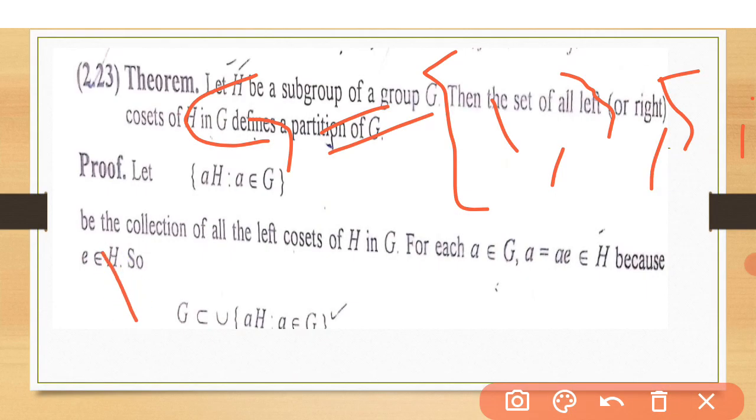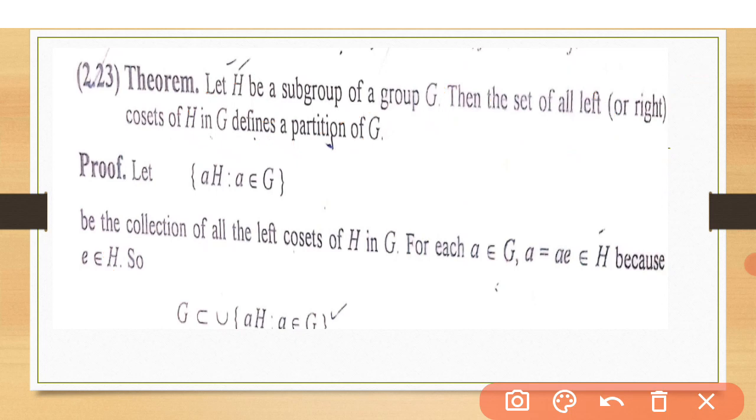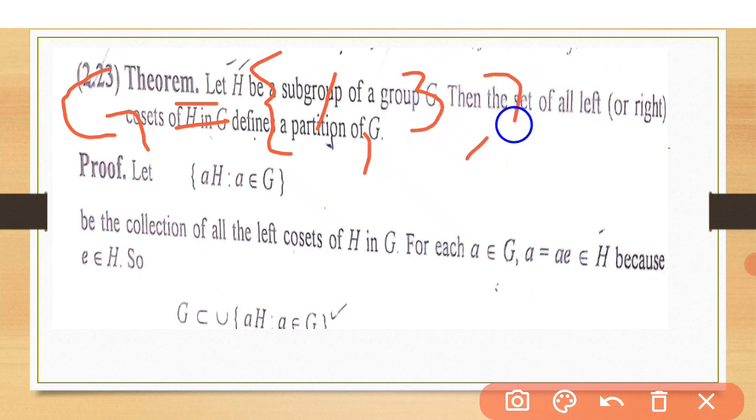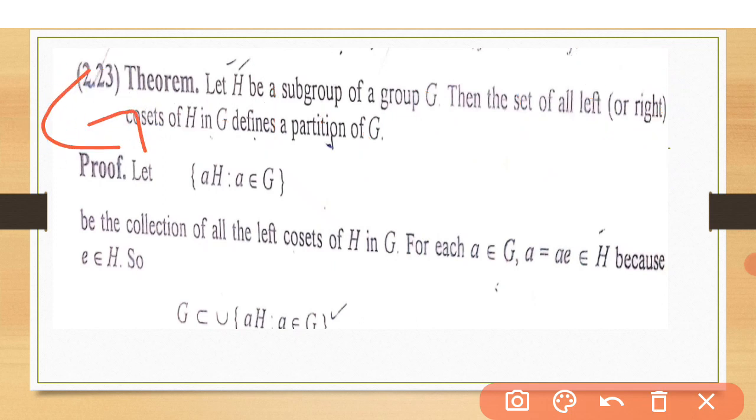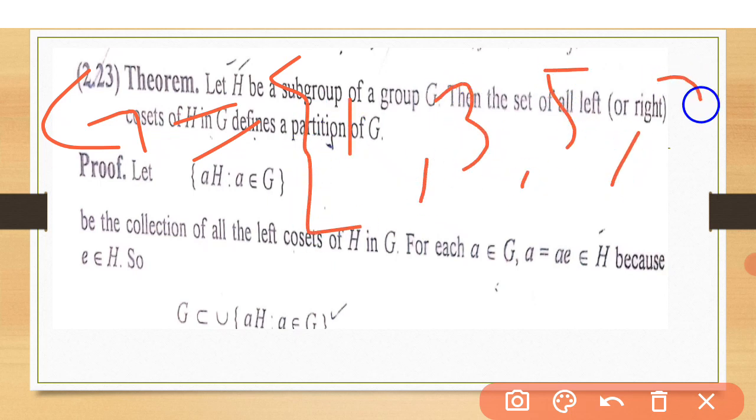Suppose that we have a group G, that is 1, 3, 5 and 7, with respect to multiplication modulo 8, residue classes.